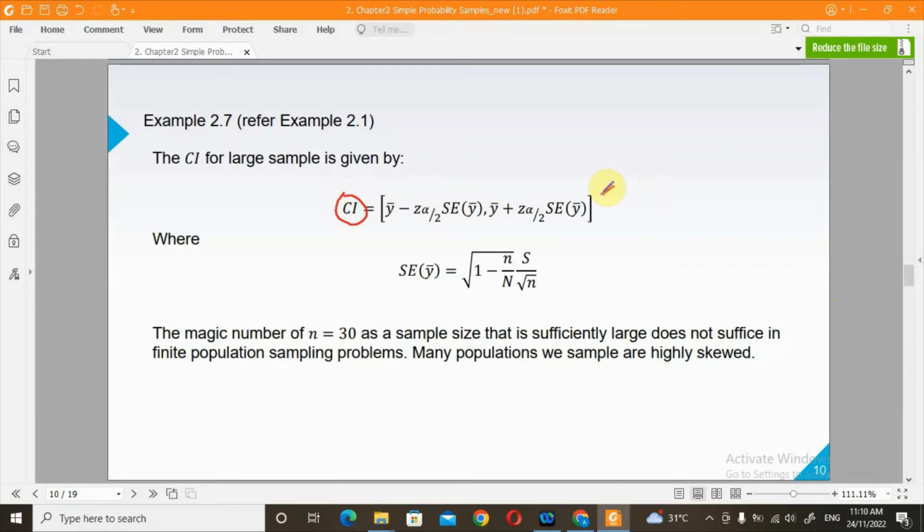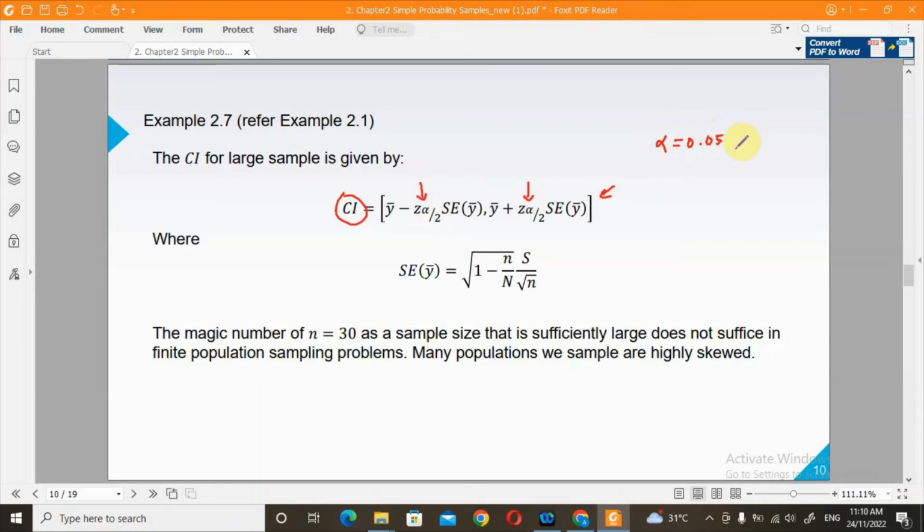calculate the confidence interval. You can use y bar minus z alpha over 2. For this one you have to refer to the table, in which you also have to determine the alpha value, and usually the alpha value is equal to 0.05.